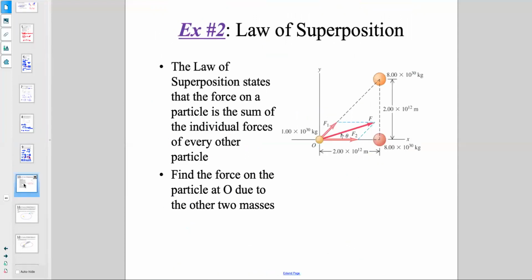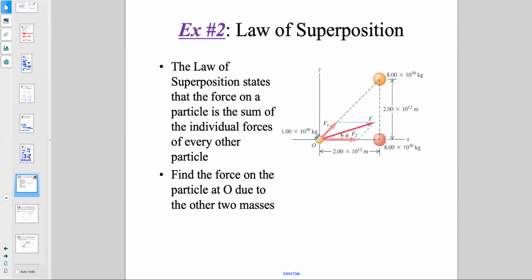Another example, but this is more of a very important note at this point. The law of superposition states that the force on a particle is the sum of individual forces from every other particle. For example, if I have a particle at the center and 2 other particles at a specific distance, this one will apply force F2, and this top particle will apply force F1.